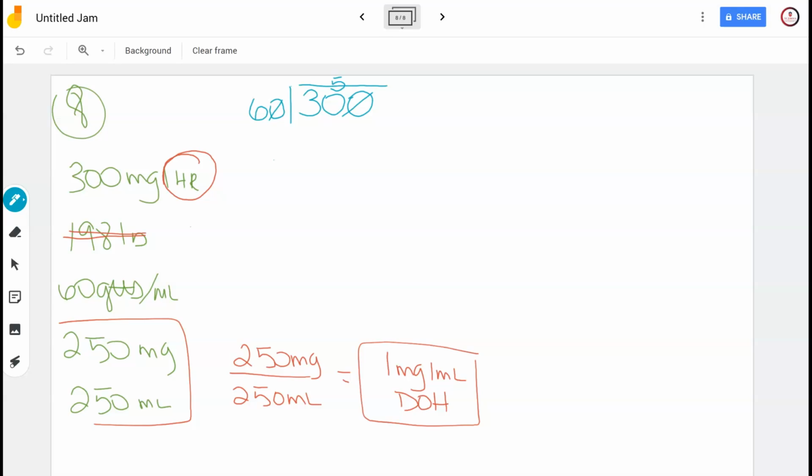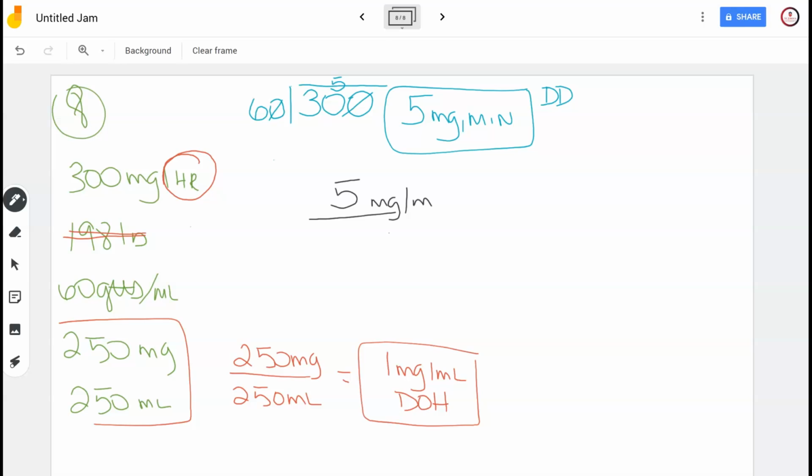So you want to give your patient 5 milligrams a minute. This is your desired dose. So 5 milligrams per minute. Concentration is 1 milligram per milliliter times your 60 drop set. It's 300 drops per minute.